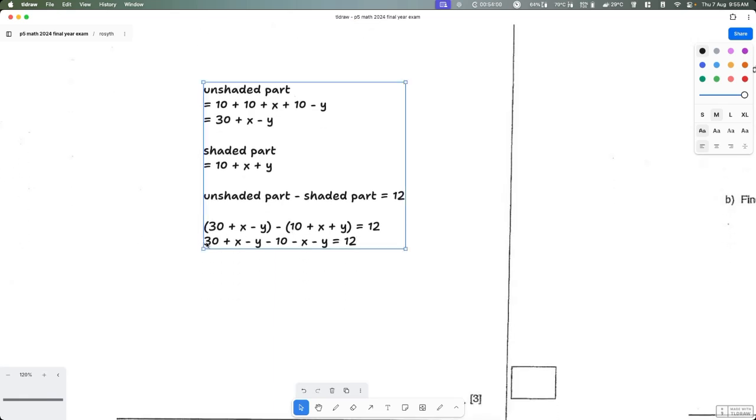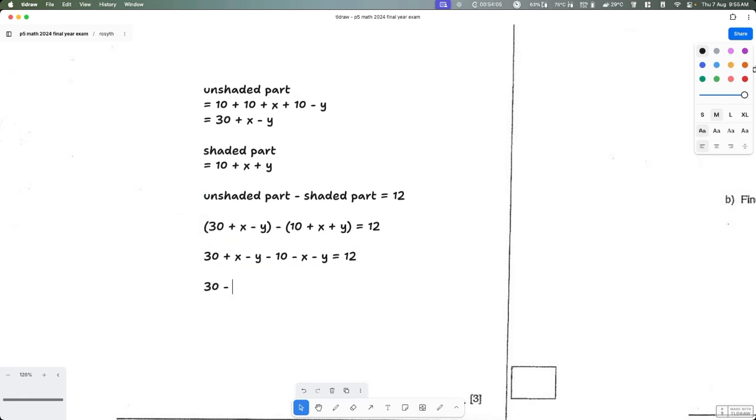Now I'm going to group them. You have 30 minus 10, plus x minus x, minus y minus y, equal to 12. So 30 minus 10 is 20. x minus x is 0. And then minus y minus y is minus 2y, equal to 12.